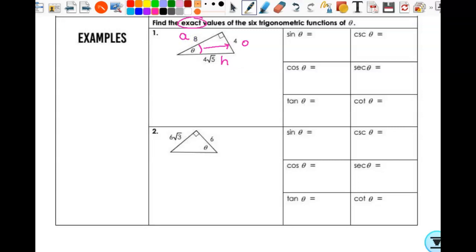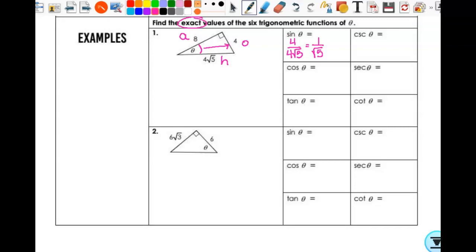So I set up my ratios. I know sine is opposite over hypotenuse, so that's going to be 4 over 4 square roots of 5. Then I need to fix that. Can I cancel the 4's out? Yes, so that leaves me with 1 over the square root of 5. Can I leave it like that? No, I have to rationalize.